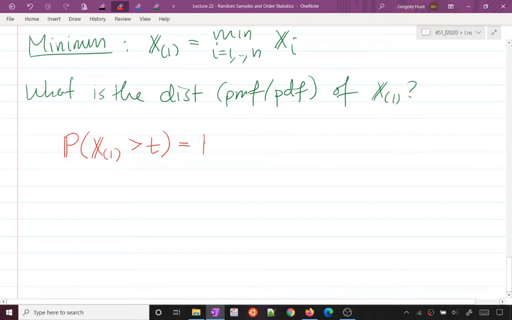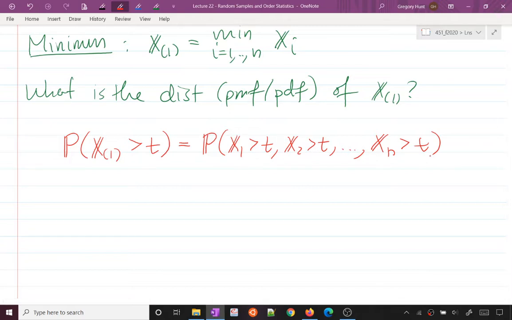If the minimum is bigger than t, that means all of my random variables have to be bigger than t. That means x1 has to be bigger than t, x2 has to be bigger than t, and all the way up to xn has to be bigger than t, right? The smallest one is bigger than some value. They're all bigger than the value. Because the smallest one is above that threshold, and everything else is bigger than that.